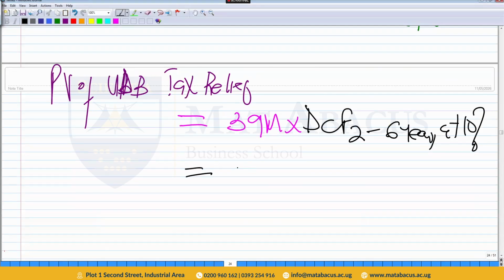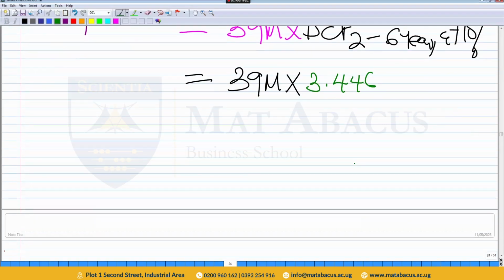It's what you will use to discount that cash flow. So I'm going to have 39 million. I multiply it by the discounting factor, which we have already got, 3.446. And when you do that, you will be able to get 134.4 million.